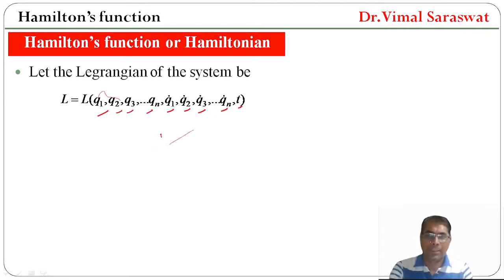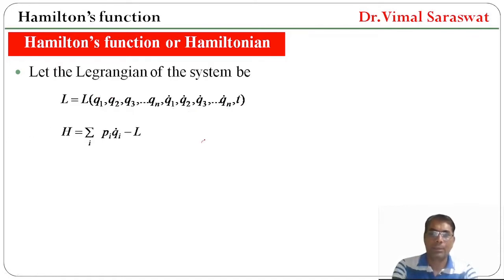It means L is a function of q, q dot and t. Q is coordinate, q dot means velocity, and t is time. So the Lagrangian is a function of coordinate, velocity and time, and the Hamiltonian H is equal to sigma i pi qi dot minus L.